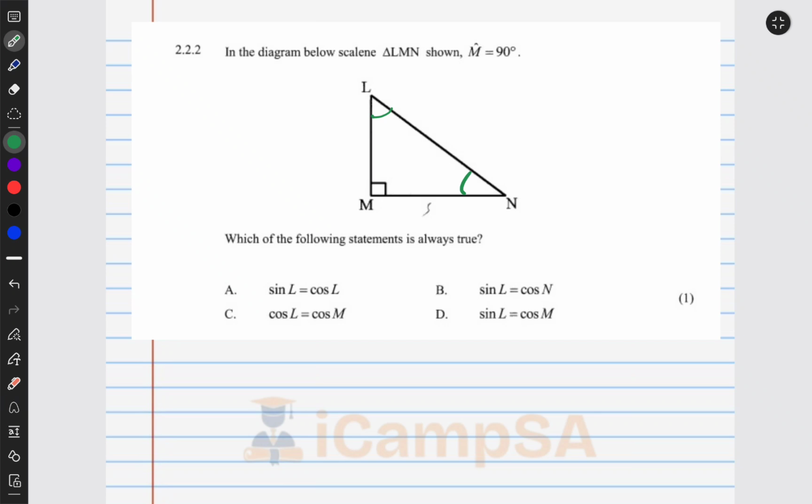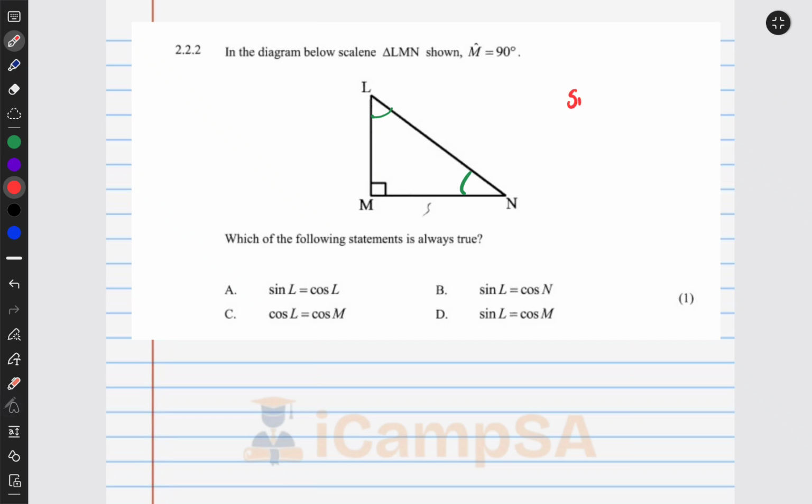And for complementary angles, we know that sine L is equal to cos N. That is what we are given there. Let's take the same approach we did last time.